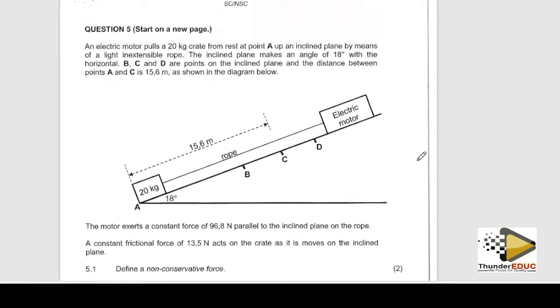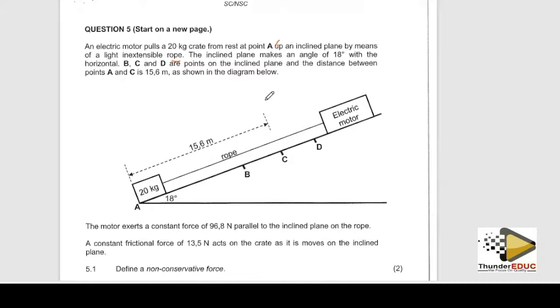Let's look at question number 5. Number 5, they're telling us that we have an electric motor that pulls a 20 kg crate from rest at point A up an incline by means of an inextensible rope. The inclined plane makes an angle of 80 degrees with a horizontal.